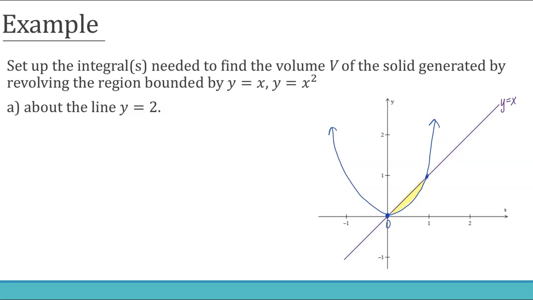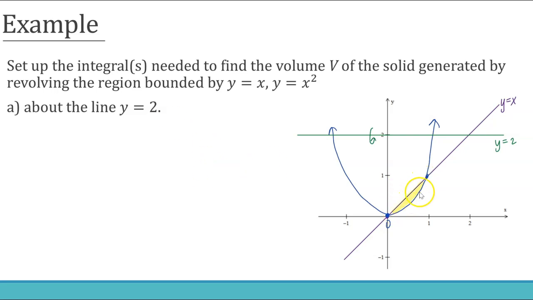And so we are rotating this time around a different line, not the x or y axis. We're rotating around the line y equals 2. Here y equals 2 is a horizontal line, and it happens to be above the region that we're rotating, but that's okay. We can still do that. So we want to identify whether we're going to be using the disk or washer method here.